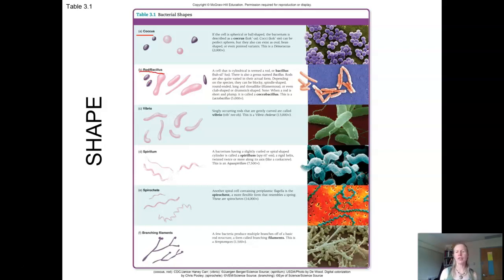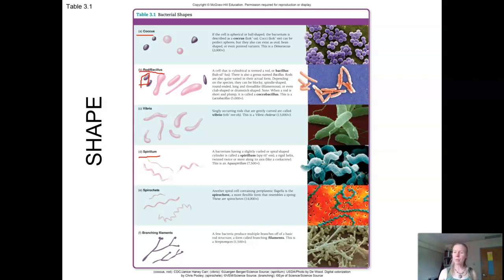This is a rod-shaped bacteria, but notice some of these rod shapes, like these right here, are remarkably spherical looking. Probably the other one you heard in Gen Bio is spirillum, a spiral-shaped bacteria. We'll see all of those.